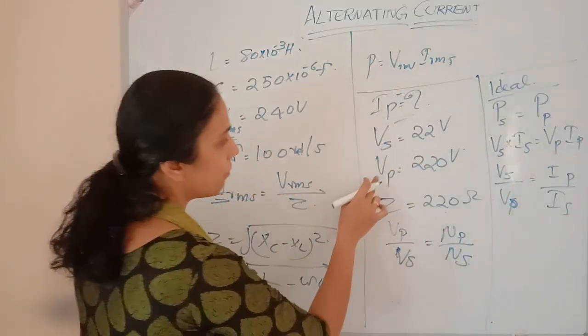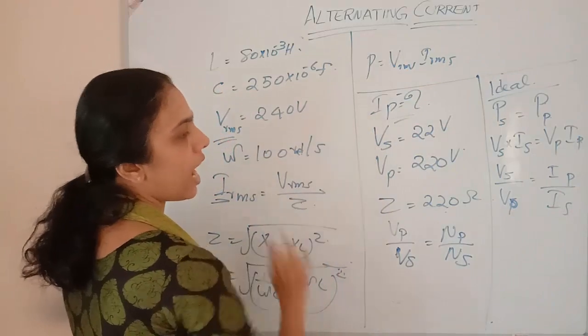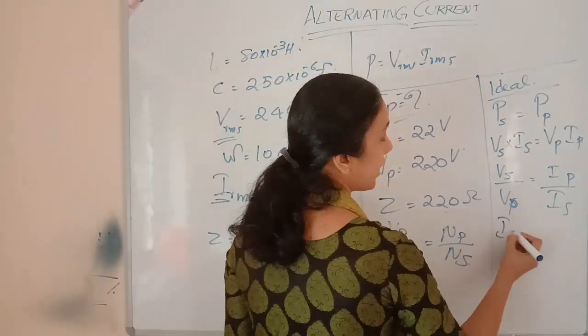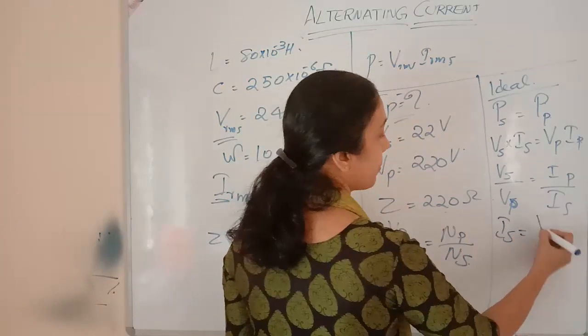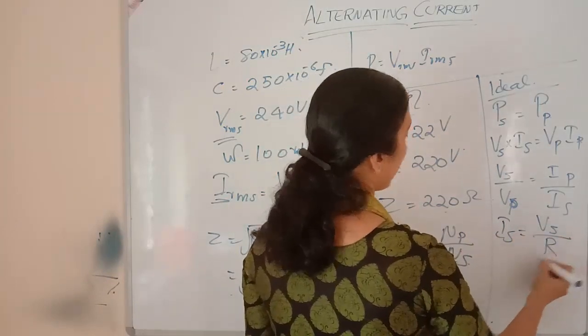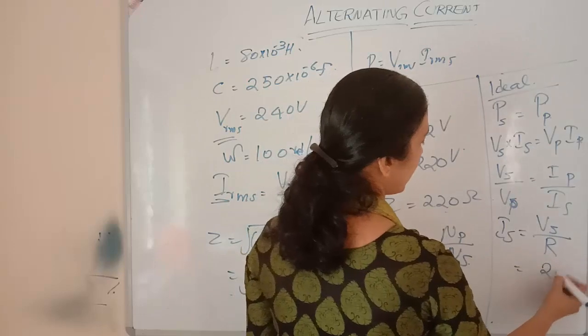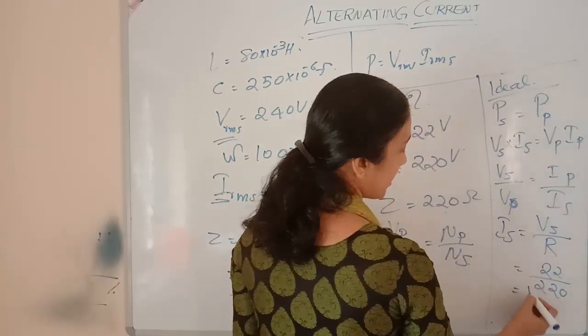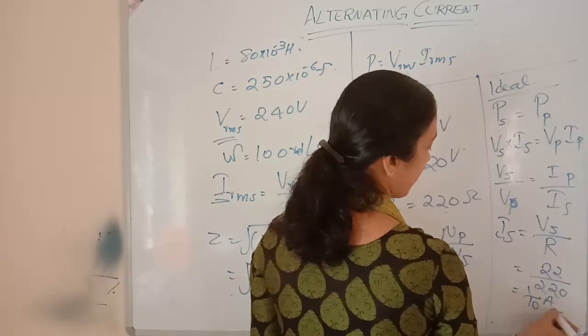Now Vs is there, Vp is there, Ip we need to find out. We don't know Is. How can we find out the Is value? Is will be equal to Vs divided by R, that is 22 divided by 220, so we get 1 by 10 ampere.